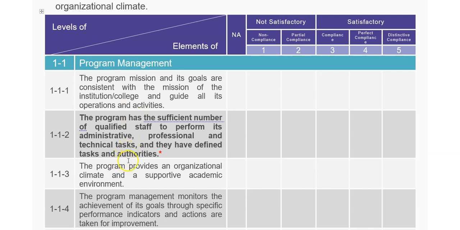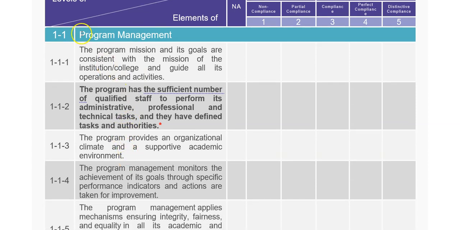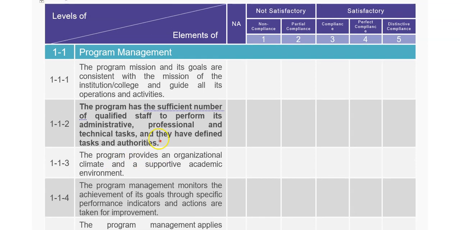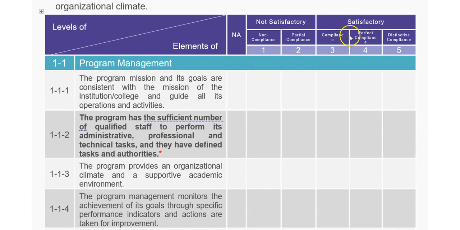For example, in substandard 1, program management, the second criterion is an essential criterion, which means it should be evaluated by 3 or more. This means it should be within the range of satisfactory, not unsatisfactory: 1 is non-compliance, 2 is partial compliance.